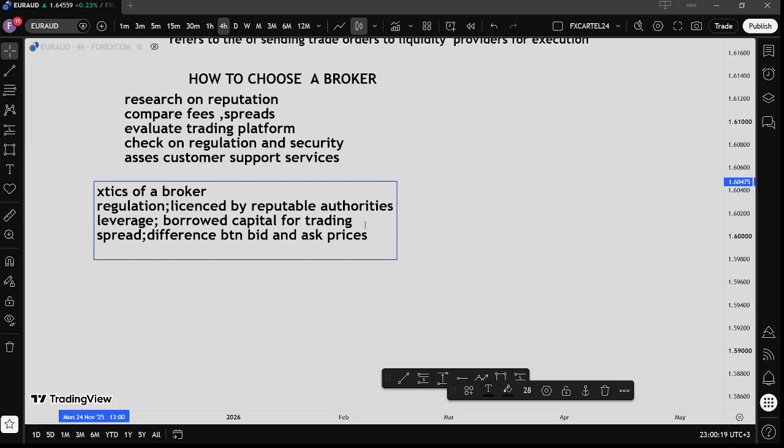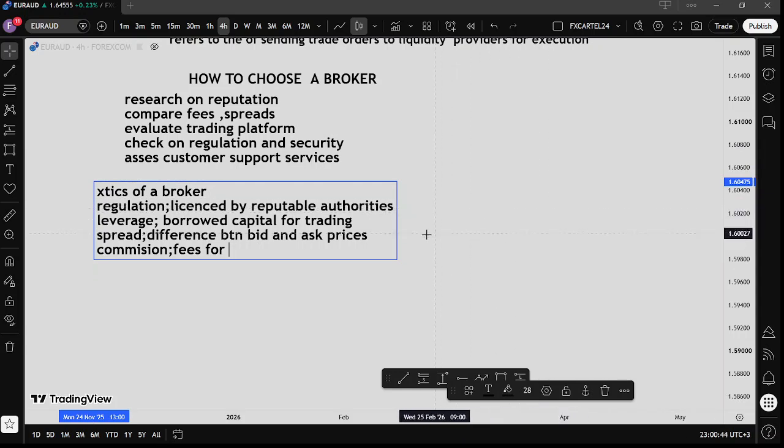And another thing is commission. These are fees for trading. There are some brokers whereby you're trading on zero spread, that you're trading the exact market, exactly where the price is moving.